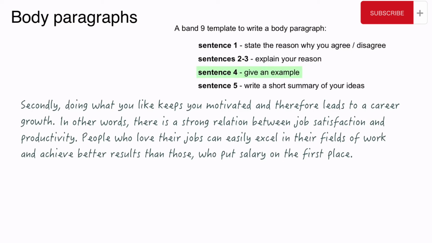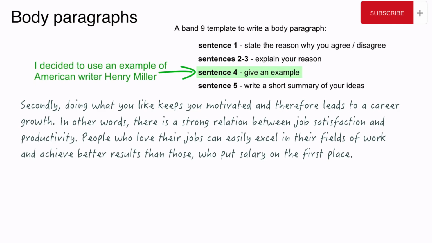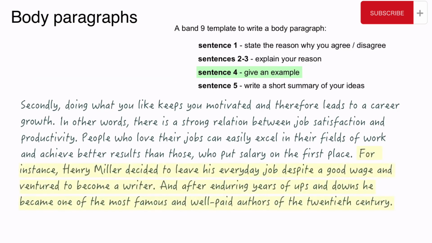Then we write sentence 4 to support the idea with an example. I decided to use an example of American writer Henry Miller. For instance, Henry Miller decided to leave his everyday job despite a good wage and ventured to become a writer.